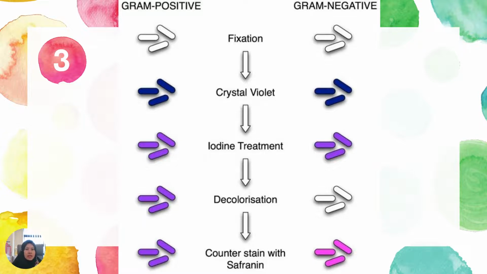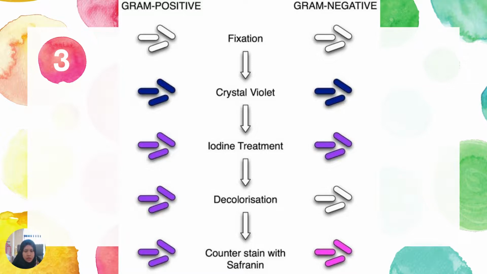Then the next one is the iodine treatment, where we put the iodine solution, and at this time we still won't see the difference between the gram positive and the gram negative bacteria, because both will take up the color of the iodine, which is purplish. The next step is the decolorization, and at this point we will see the difference between the gram positive and the gram negative. The gram positive will stay purple, and the gram negative will be decolorized by the solution that we use in this step.